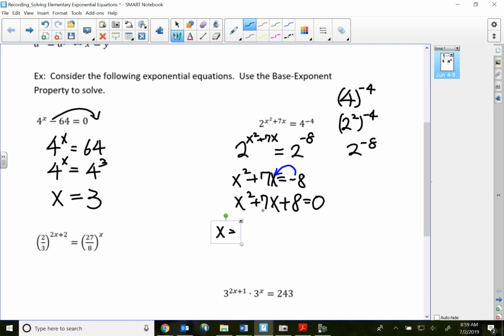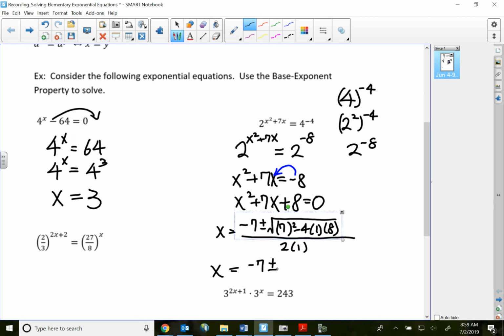So x equals negative b, which is negative 7, plus or minus the square root of b squared minus 4 times a times c, the whole thing over 2 times a. That's going to be negative 7 plus or minus the square root of 49 minus 32, which is 17, the whole thing over 2.